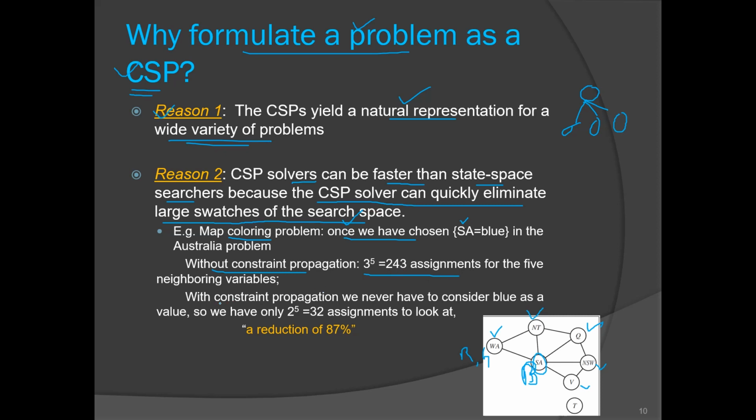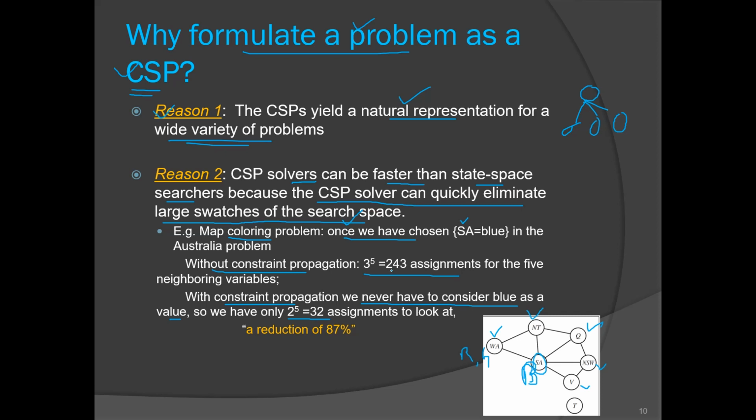But if you propagate the constraint, what is the constraint in the map coloring problem? No two neighboring states should have the same color, right? So if we use that constraint, what is the result? We never have to consider blue as a value for a neighboring state. That means we will have only 2 raised to power 5, that means 32 assignments.